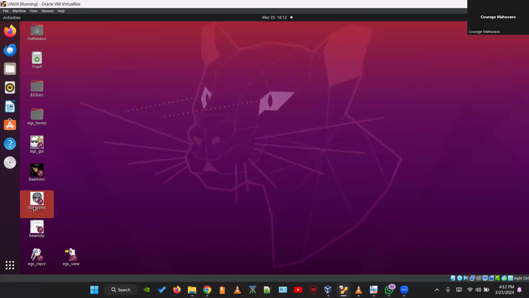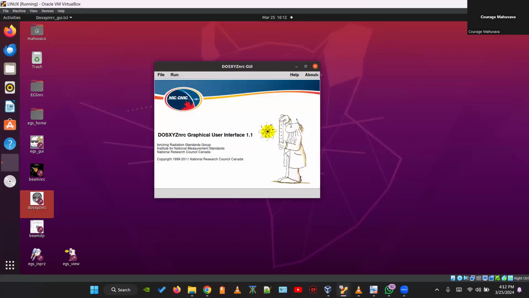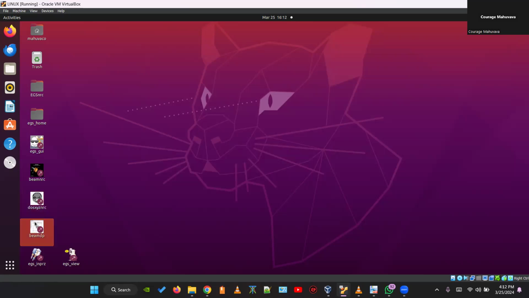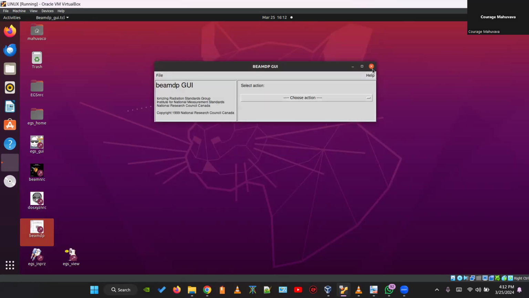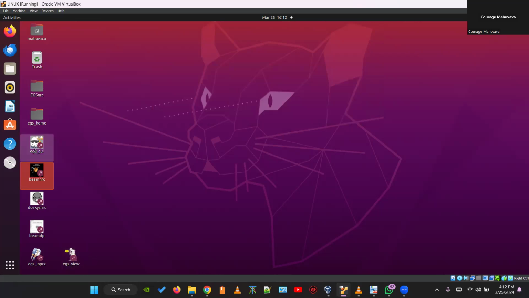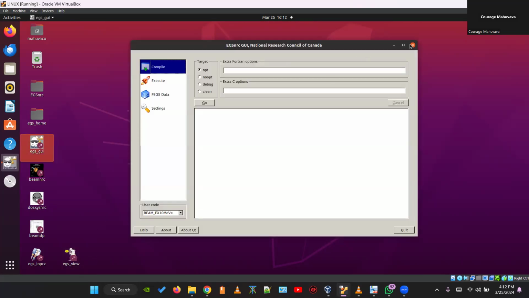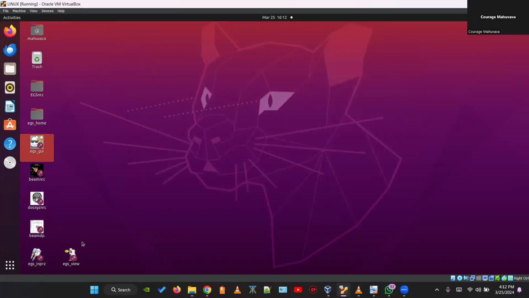And then DOSXYZnrc is for calculating dose distribution in the phantom or the patient, or whatever medium you have. And then BEAMDP is for analyzing the beam that exits the linear accelerator. And EGS is used to generate cross-sectional data, but I'll explain in a little more detail.